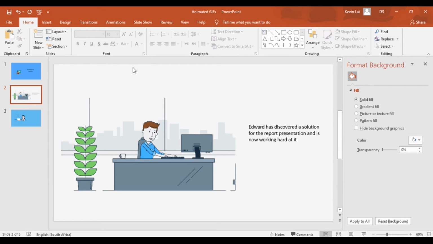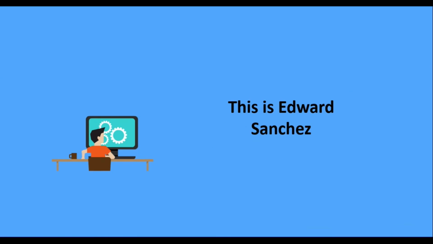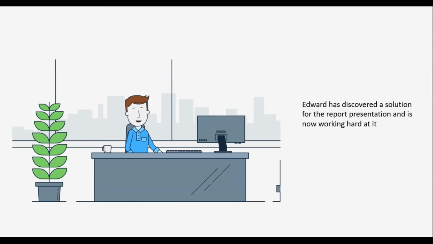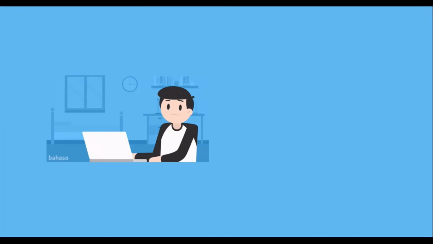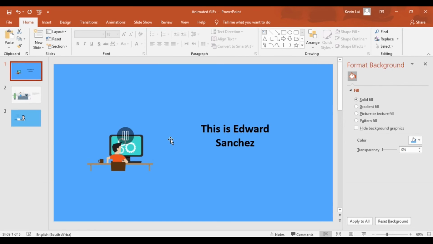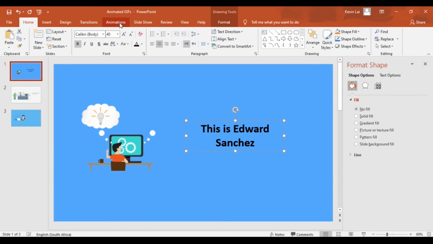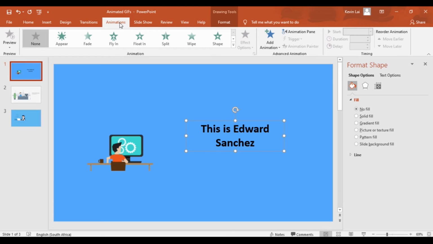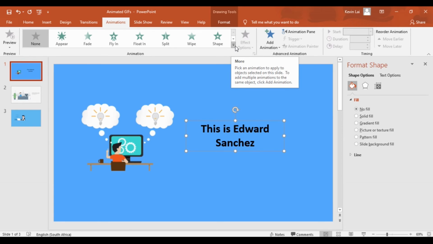Cool. So I'm going to explain and test that a little bit here. This is Sanchez. Let's put in a little bit of animations that would transition into these slides. For those of you who don't know animations in PowerPoint, you can just go to animations. Just to keep it basic, I use a few basic ones that are relevant and easy to use.